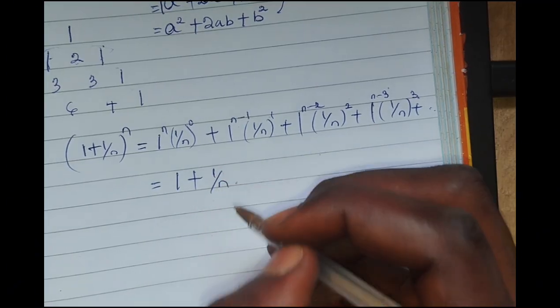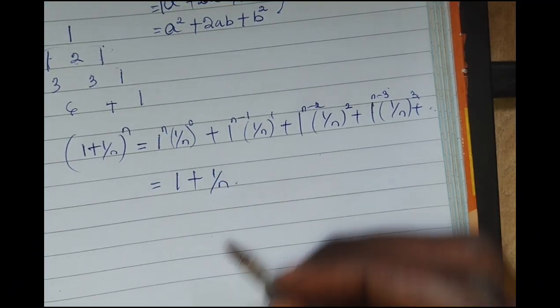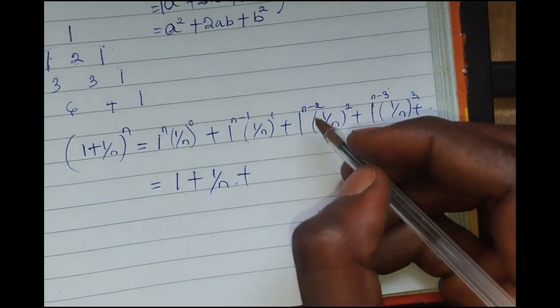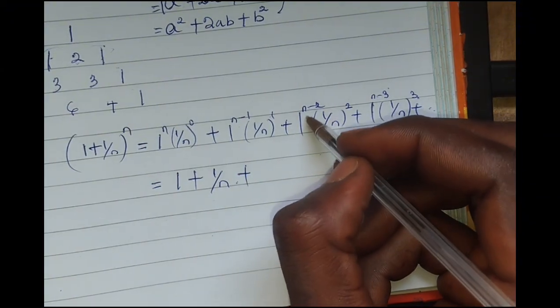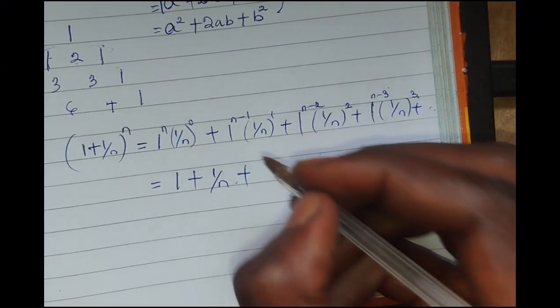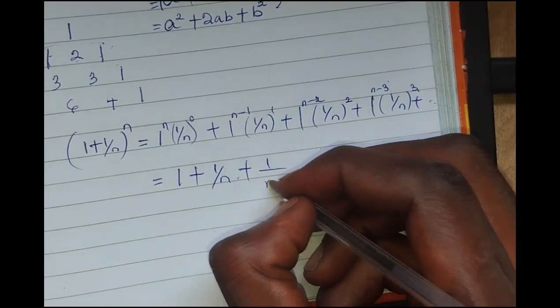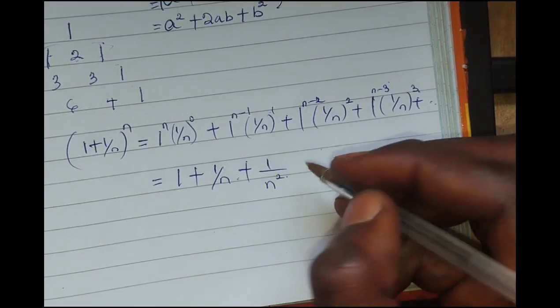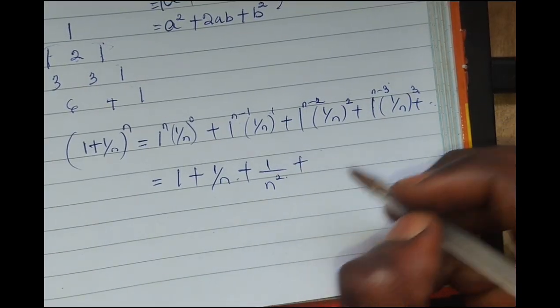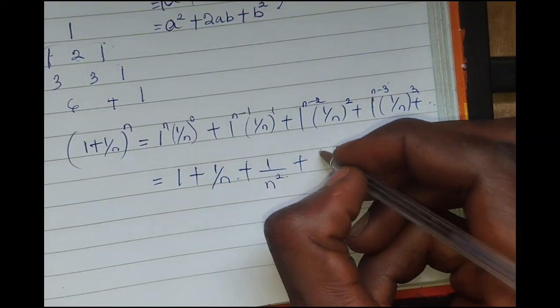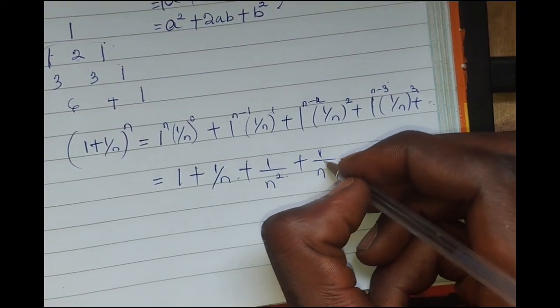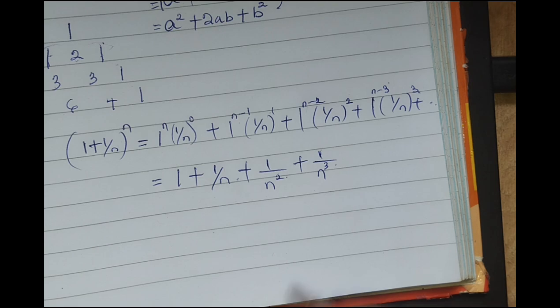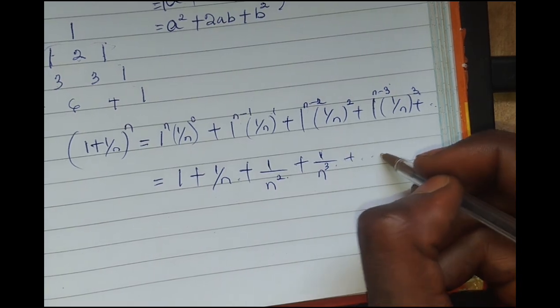Now plus, here we still have 1. This will always give you 1. Here we have 1 all over n squared. Now plus 1 here, and here 1 all over n cube, plus all the way.